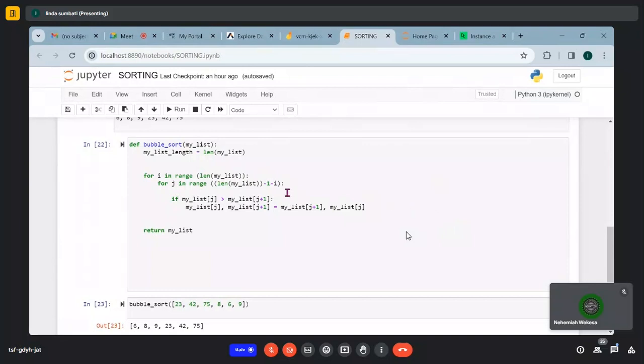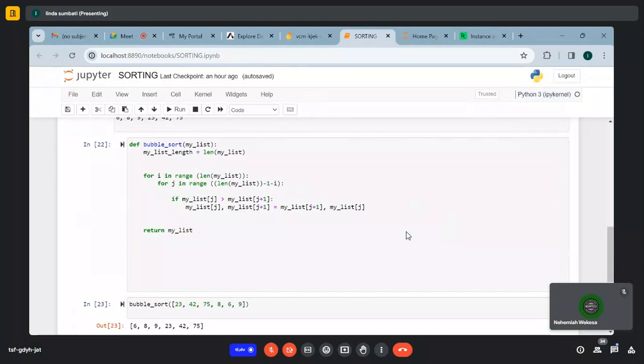The reason we are subtracting I after you've gotten len(my list) minus 1 is for your program to make sure that after it has sorted an element and realized that this element is at the right position, it leaves it. For example, let's say you have 2, 3, 100, 10. It goes through the first iteration and 100 ends up in the last position.